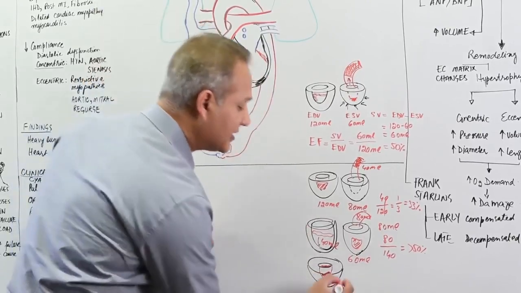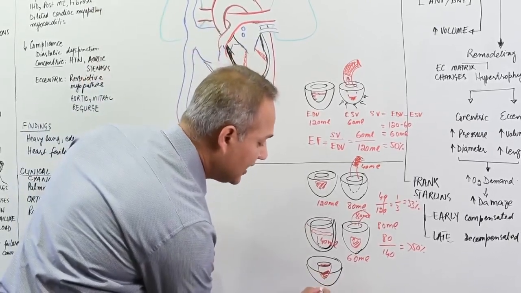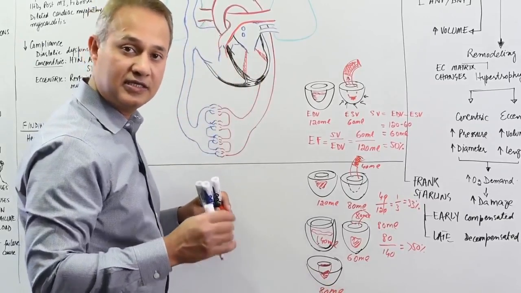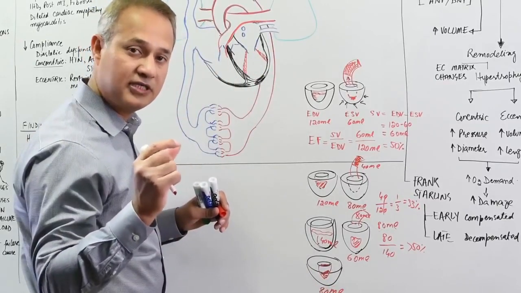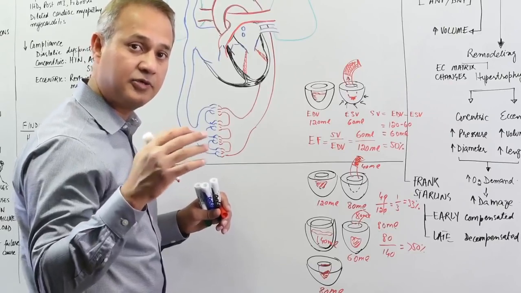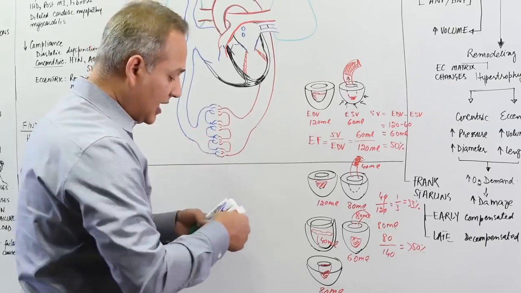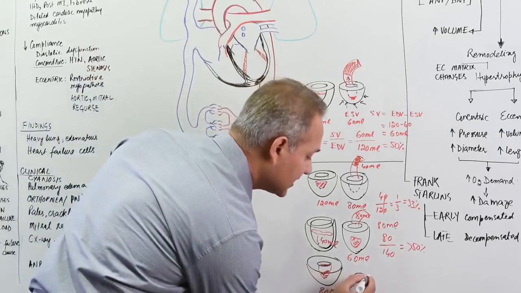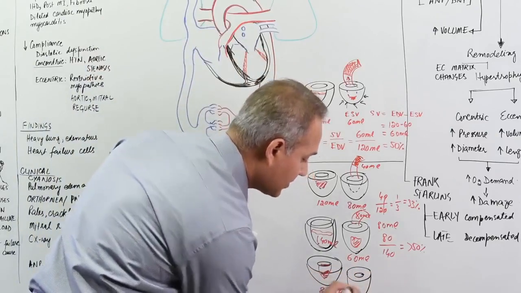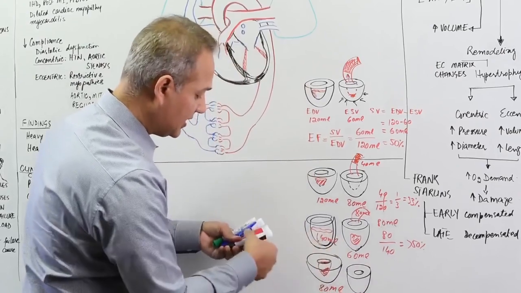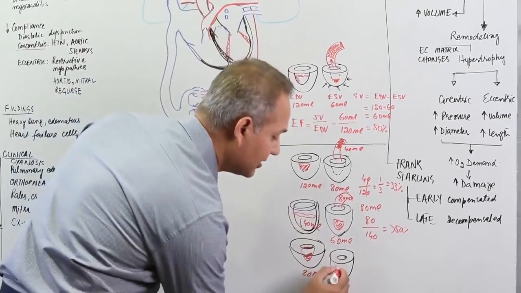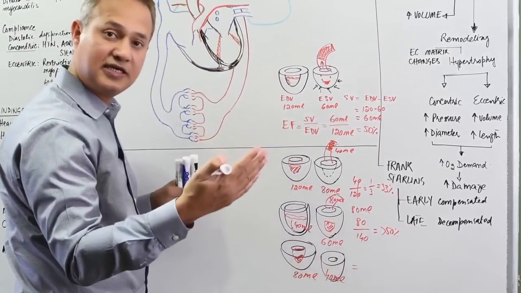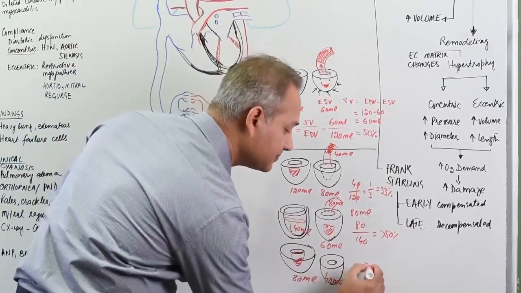So let's say it can only contain 80 ml because the cavity size is small, because the ventricle has become hypertrophied. Now when it contracts, let's say it is left with an end systolic volume of 40 ml. How much is ejected? 50%.